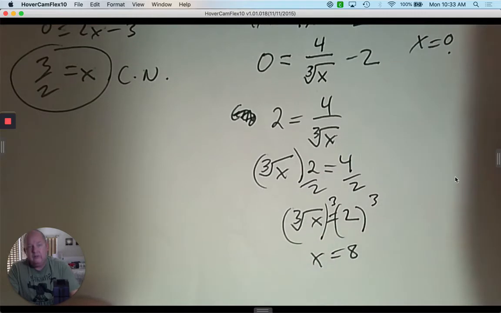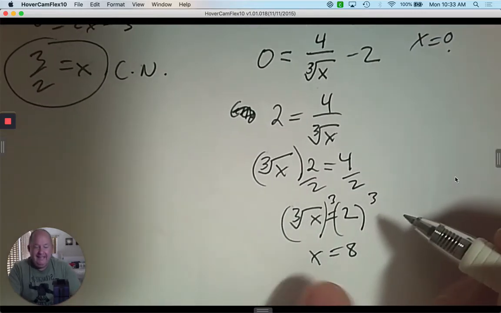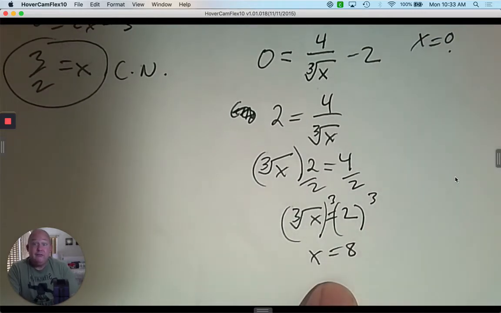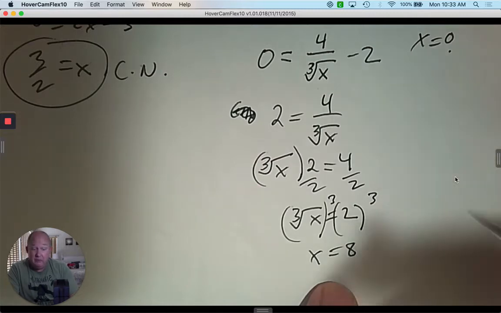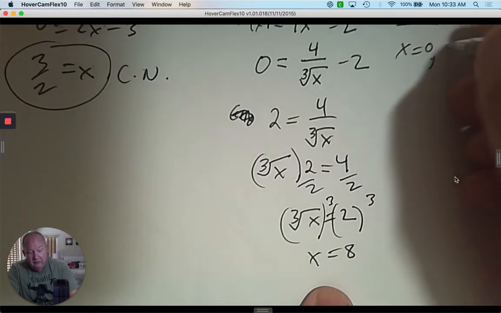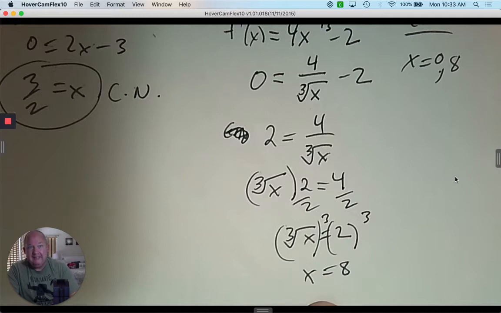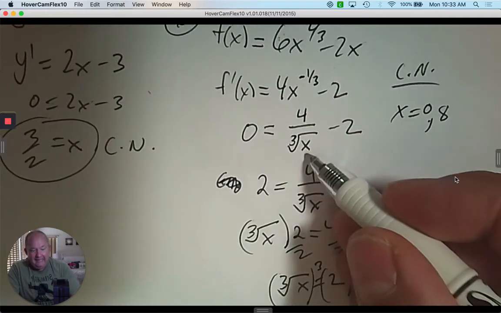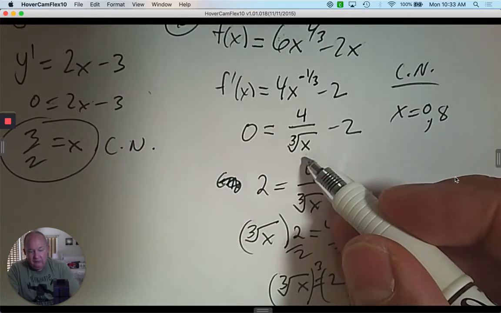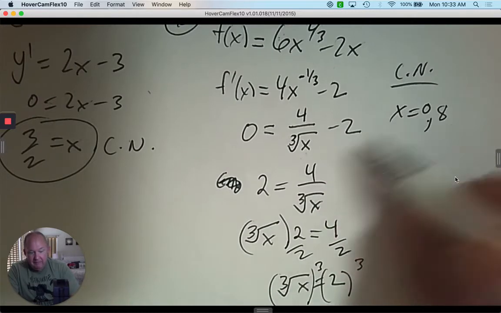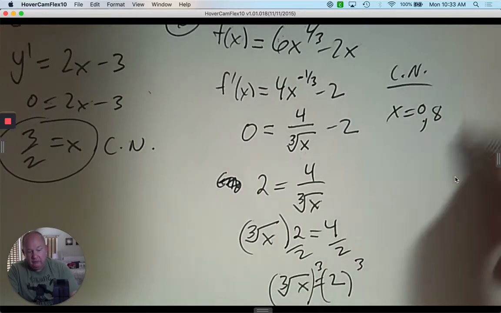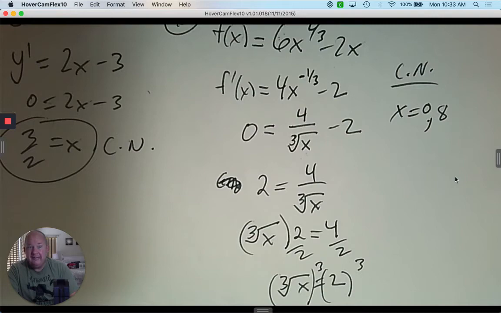So 2 to the exponent 3, that's 8. And it's not quadratic, so it's not positive or negative. So what other critical number do we have there to look at is 8. So if I plug 8 in, that gives me the answer 0. If I plug 0 in, it's undefined. So the two critical numbers are 0 and 8.